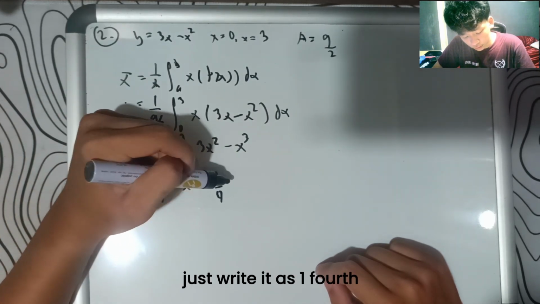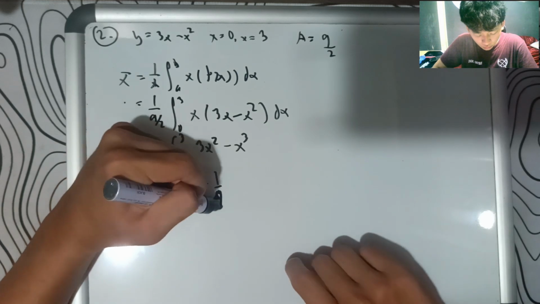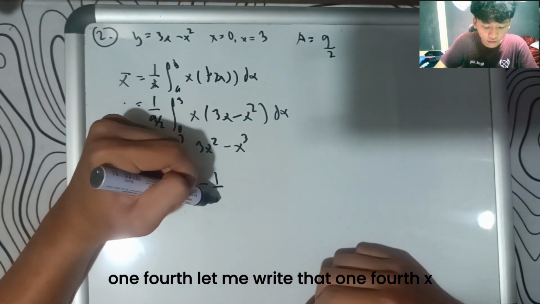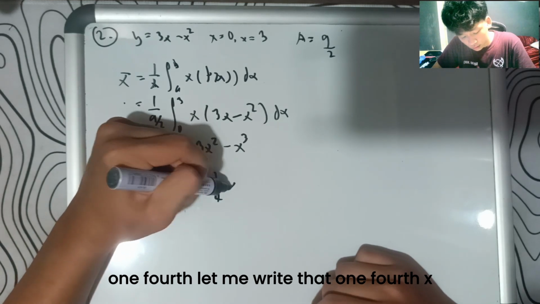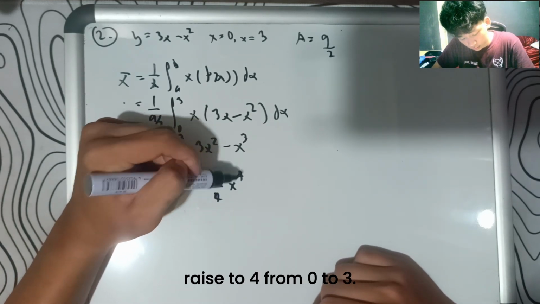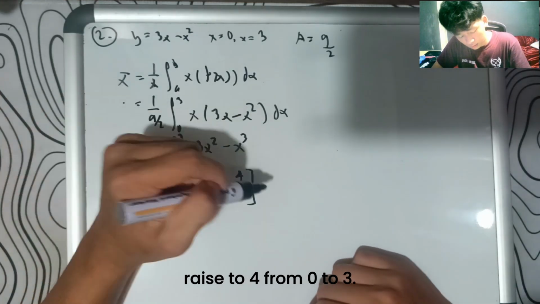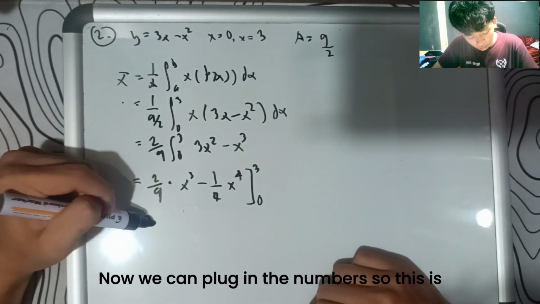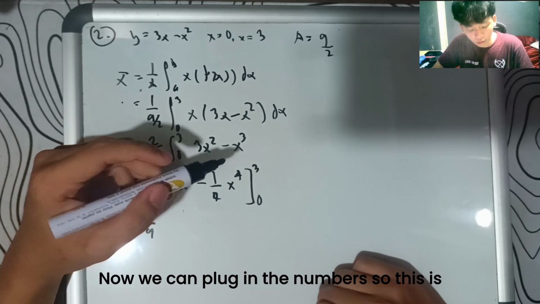We can just write it as 1/4 x raised to 4, from 0 to 3. Now we can plug in the numbers.